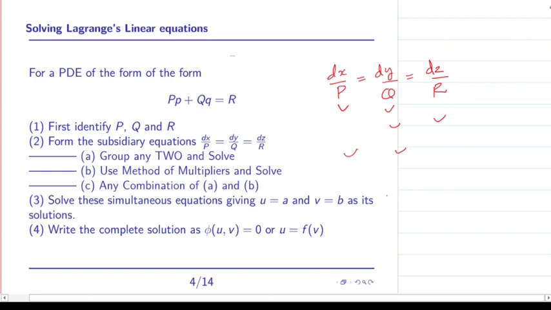So we write the solution in this form whenever you get solutions like u equal to a and v equal to b.